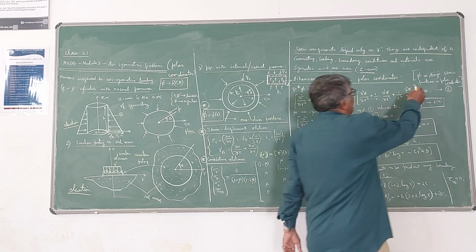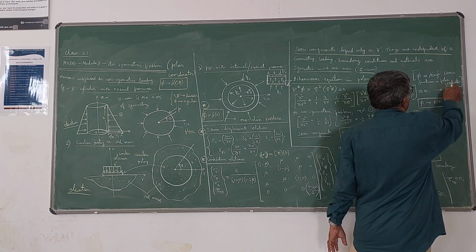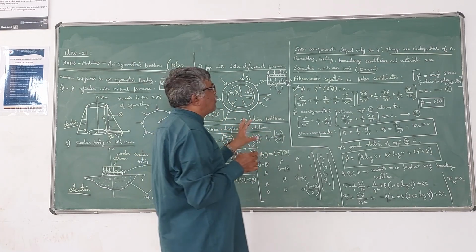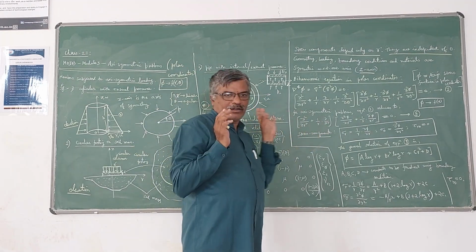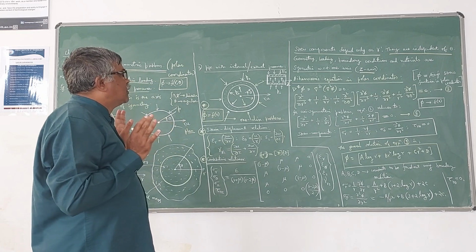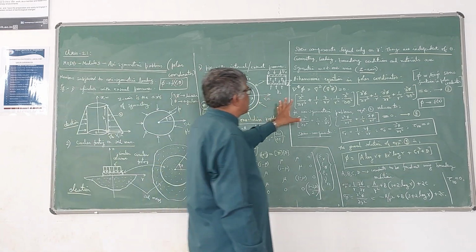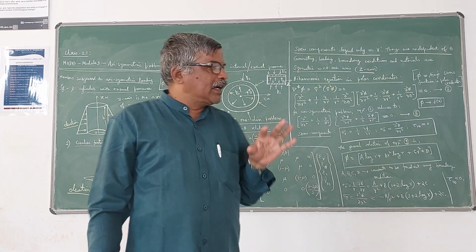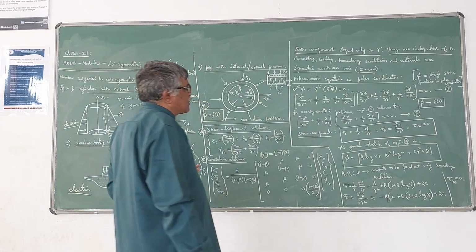Now we can see how an axisymmetric problem can be solved. So phi is the Airy stress function in polar coordinates. Of course, here phi is a function of only r in the case of an axisymmetric problem. The biharmonic equation which we studied in the case of Cartesian coordinates applies to polar coordinates also.